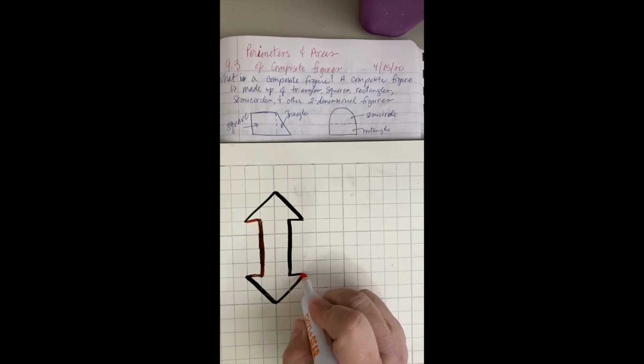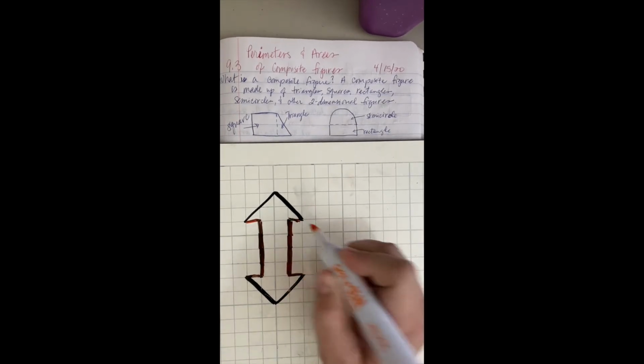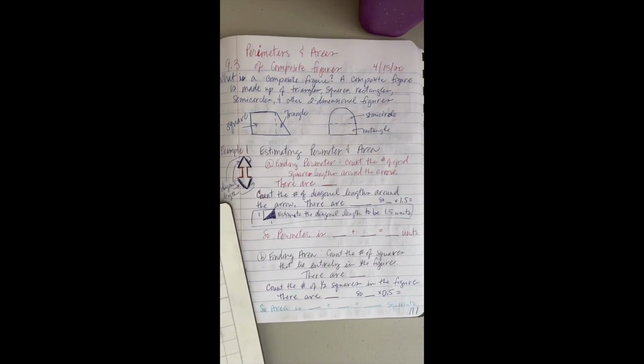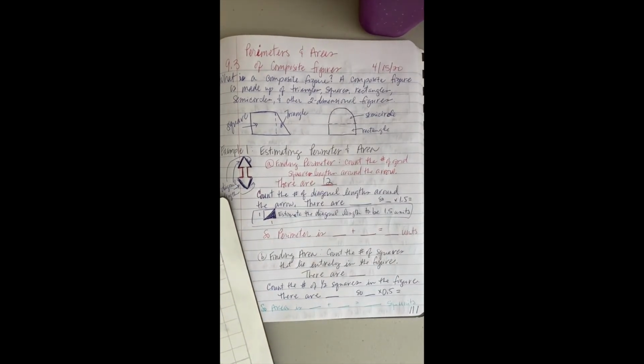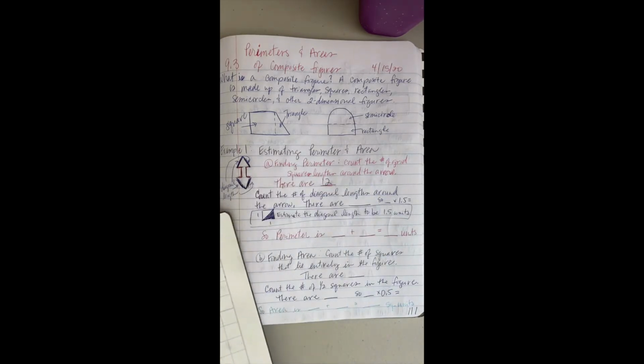And we have 6 on this side as well: 1, 2, 3, 4, 5, and 6. Just counting up those outside edges. So 6 plus 6 gives us 12. There are 12 units going around the outside of our arrow.